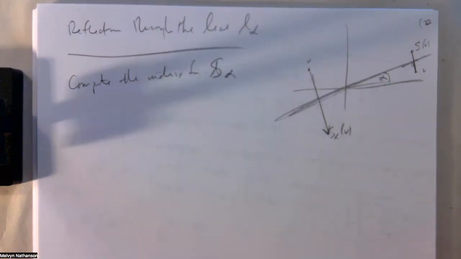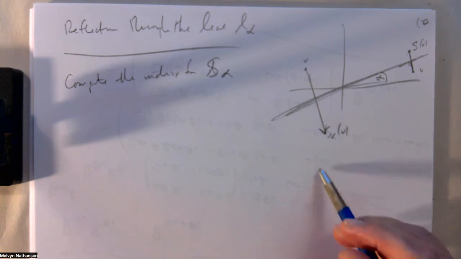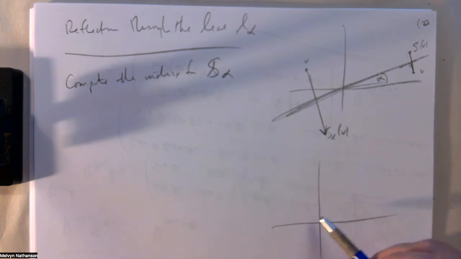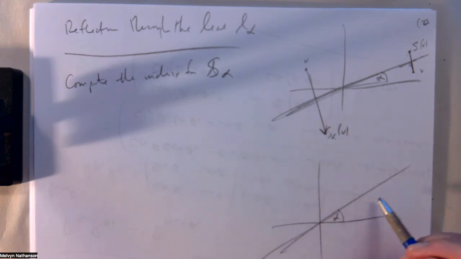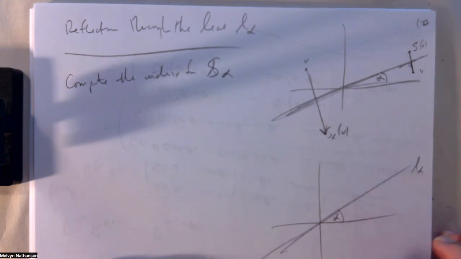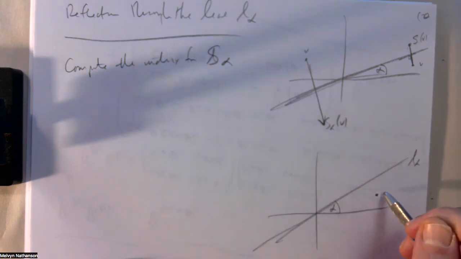So the easiest way to figure out the coordinates or the matrix for reflection through the line alpha might be to use polar coordinates. So let's say this is the angle alpha. L alpha is the line. And we take a vector v.